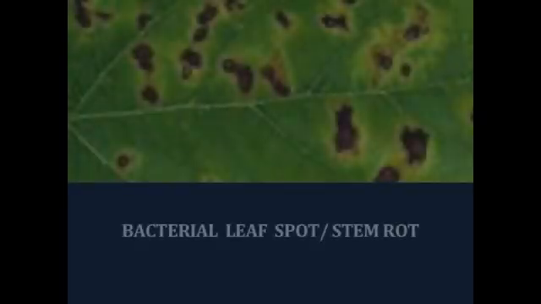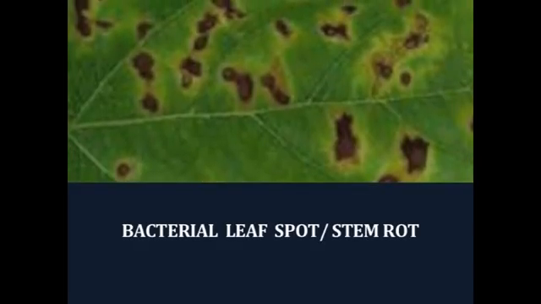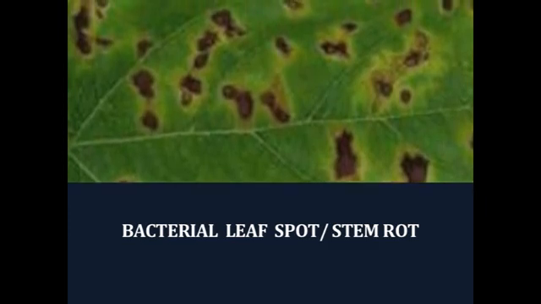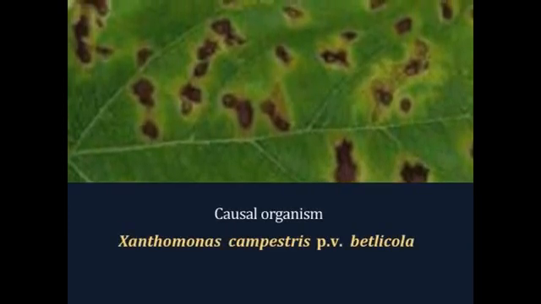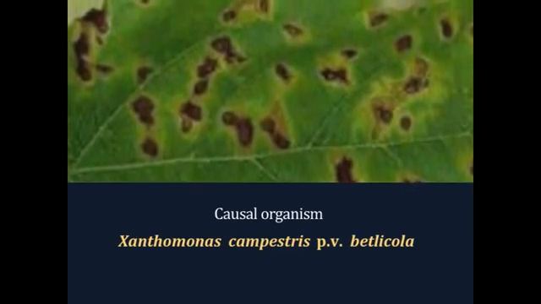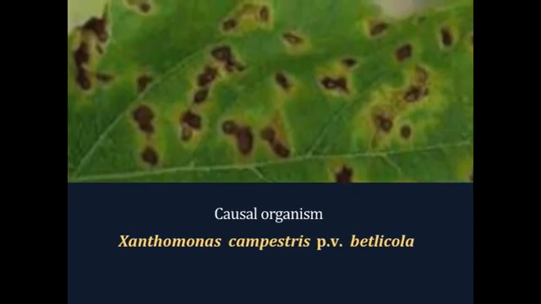Next disease is the bacterial leaf spot or stem rot. The causal organism of the disease is Xanthomonas campestris pv. betlicola. Now coming to the symptoms of the disease. Symptoms appear on leaves and stem of betel vine during wet weather.